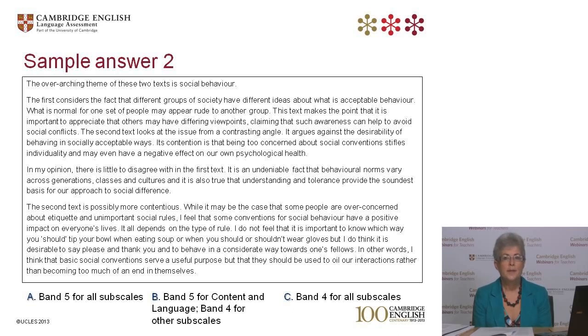Look at them, at the answer and at the scales, and think about which bands you think the examiner awarded. Was it A, band 5 for all of the subscales? Was it B, band 5 for the content and language, and band 4 for the communicative achievement and organisation subscales? Or was it C, band 4 for all the subscales?